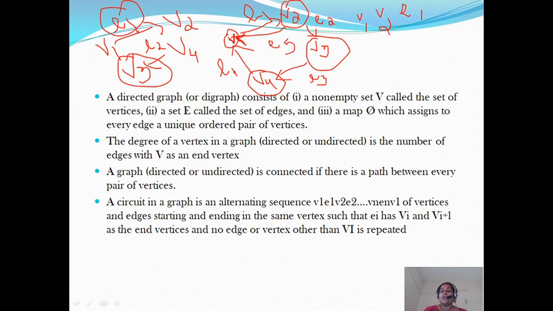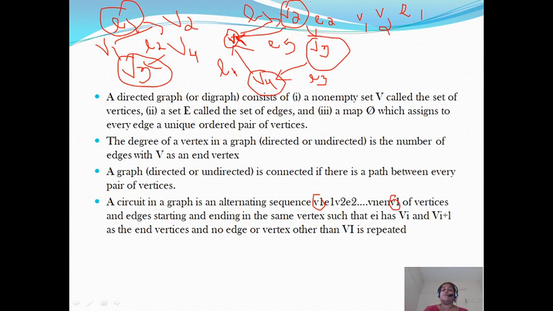Next, i is 1, so E1. Next is i plus 1, V2. That is, Ei has Vi and Vi plus 1 as end vertices, and no edge or vertex other than V1 is repeated. So here V1 can repeat, but no other vertices and edges can be repeated. Okay, so what do you mean by circuit in a graph?